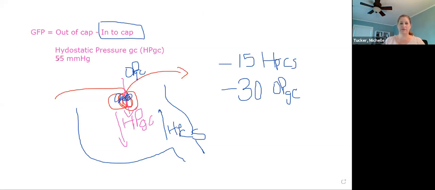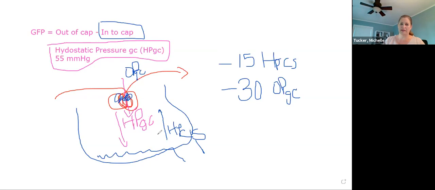So far we have three numbers. We have a positive number for hydrostatic pressure of 55 millimeters of mercury. So that is the driving force promoting filtrate formation. Then we have two opposing forces. These are going to be the hydrostatic pressure from the capsular space, because there is already fluid in here.